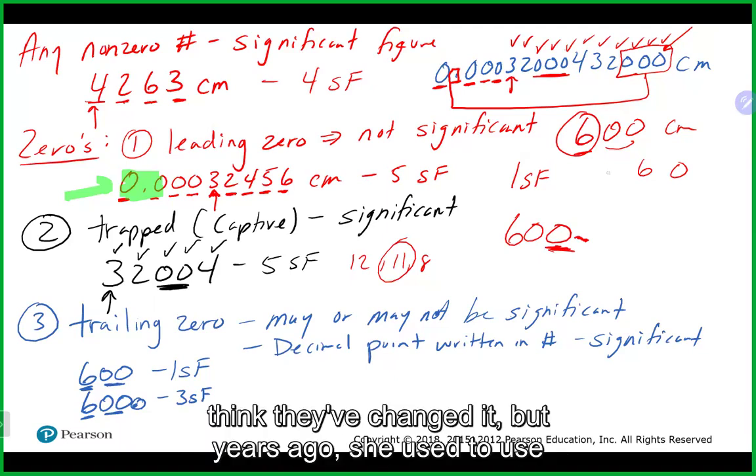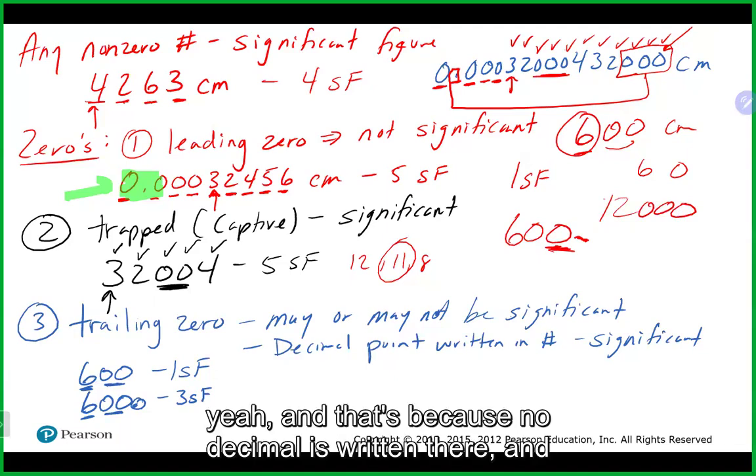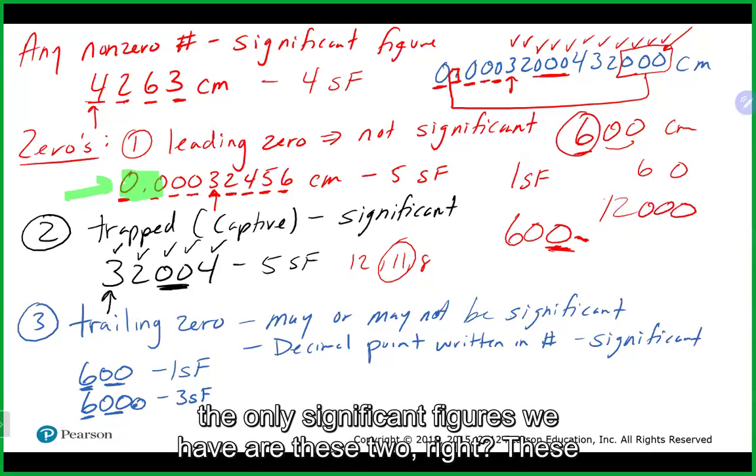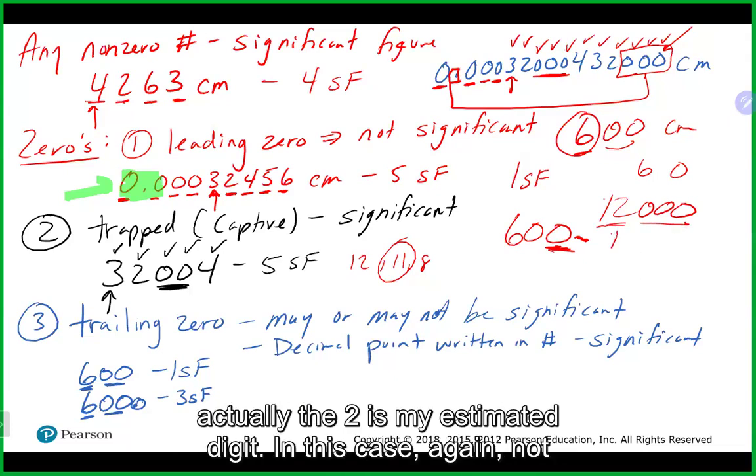I think they've changed it, but years ago, she used to use 12,000. Which one's the estimated digit? It is the 2. That's because no decimal is written there, and the only significant figures we have are these two. These are trailing zeros with no decimal, so the 2 is my estimated digit in this case.